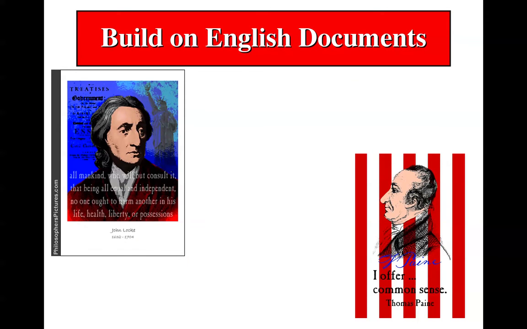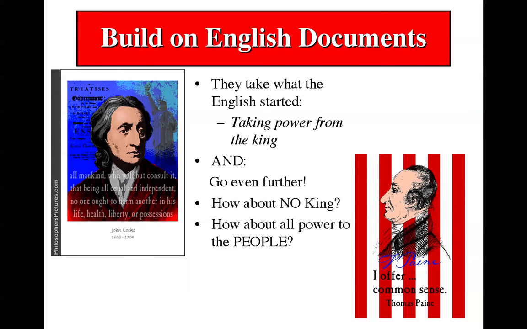All right. They build on English documents. They take what the English started, which was taking power from the king. And if you remember what document that was, I hope you do, what should be going through your mind right now is the Magna Carta in 1215, that contract that took away the English king's right and gave more to the nobles.